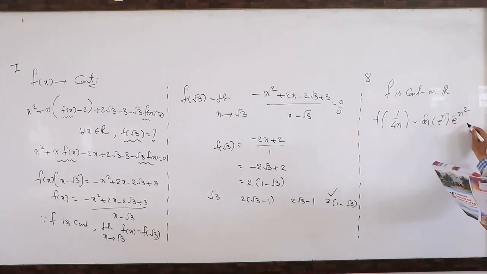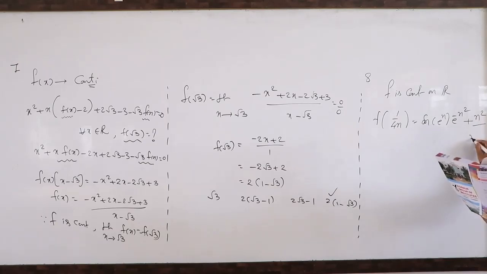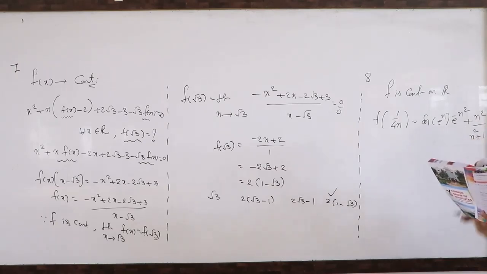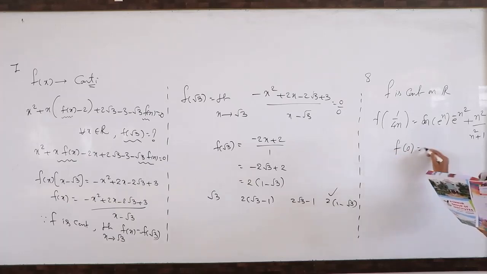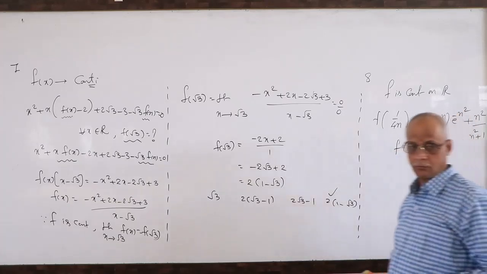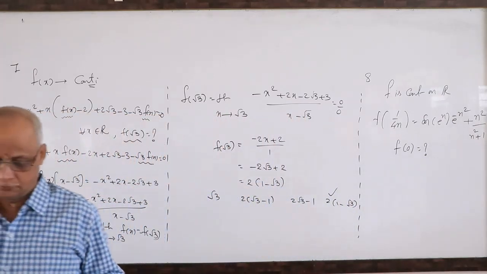Finally, a special problem. For you, a special problem I am doing. Okay? Because you are something special. What is that special? Eating, sleeping. Huh? What is the value of f of 0? Sleepers, eaters. Okay?